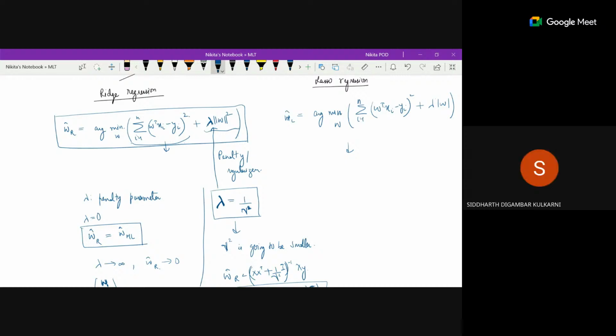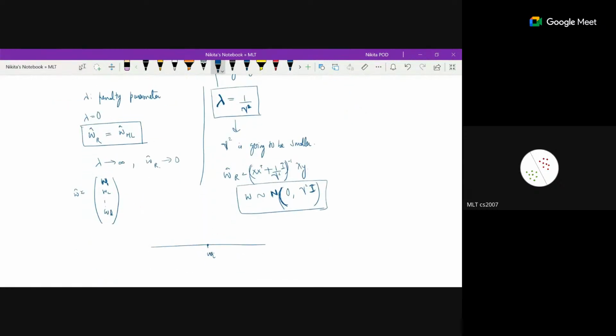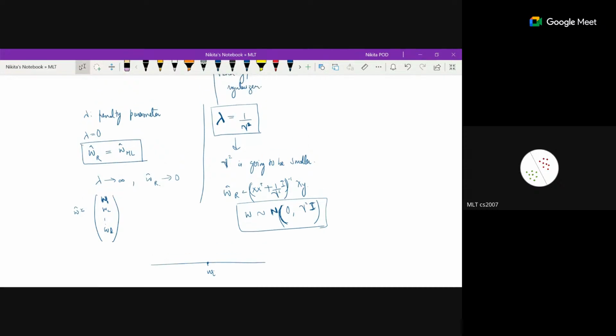When lambda is large, it means gamma is small, meaning all the W's will be very close to 0. Yes, because the variance will reduce in that case, because this is variance basically. So most of them become very close to 0.